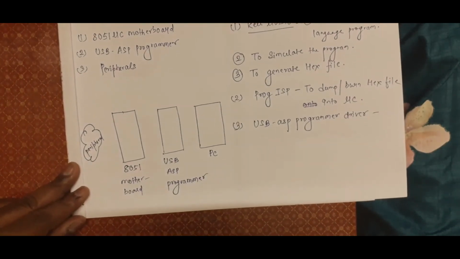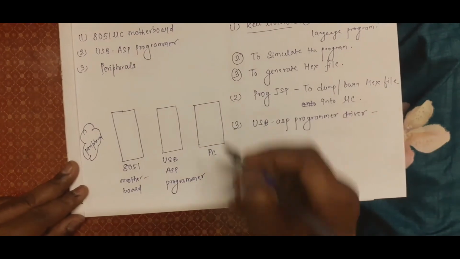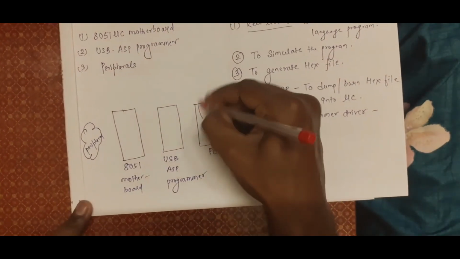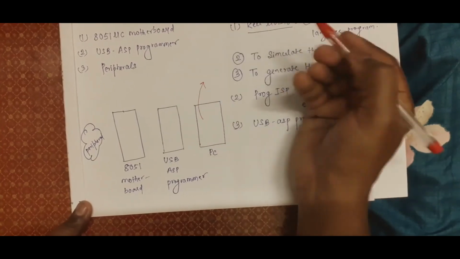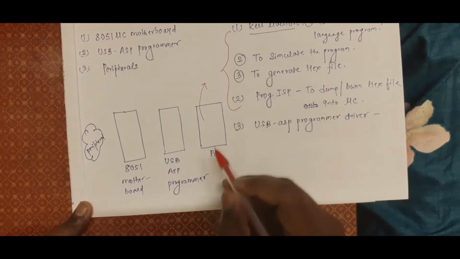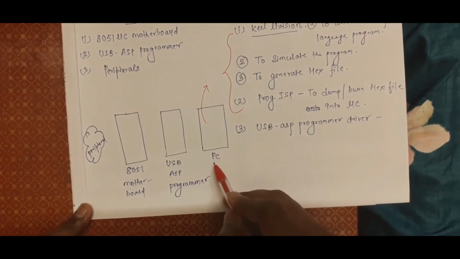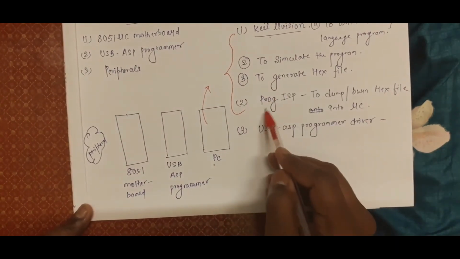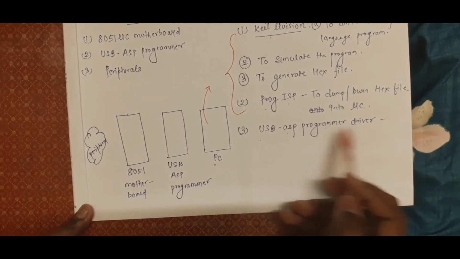In your computer, it should have these 3 softwares, whatever we have discussed. So the computer should have Keil Microvision, Prog ISP and USB ASP Programmer driver.